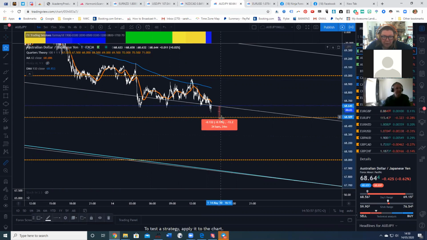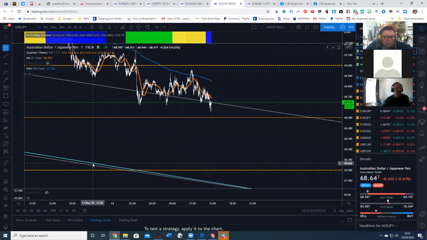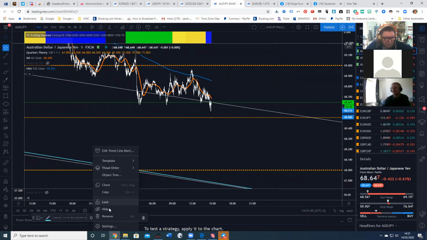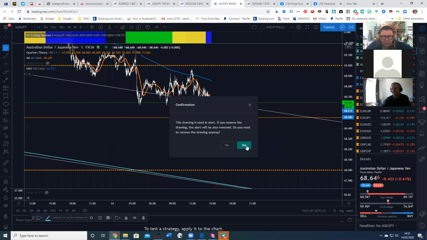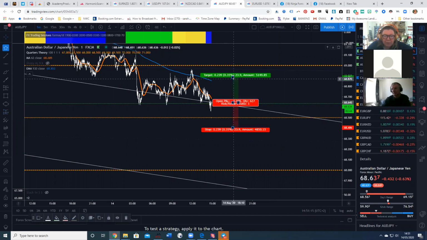So that is an entry, and you've got 14 pips. So a little bit tight for me, simply because of that quarter theory. Long position, but just coming up to the break and retest.